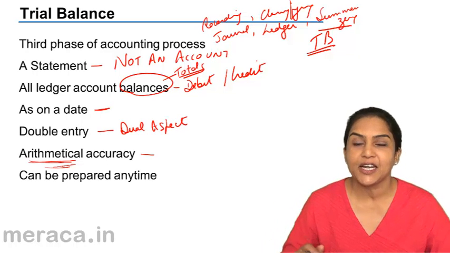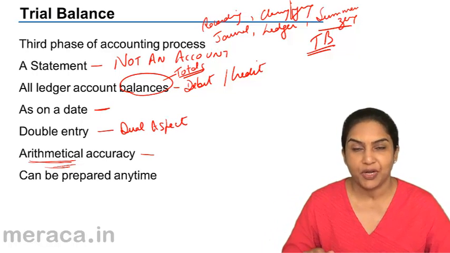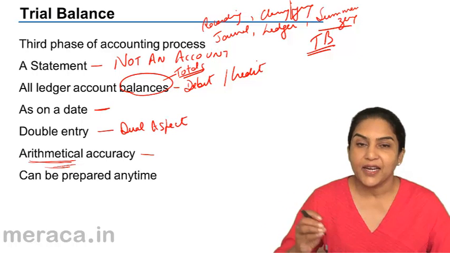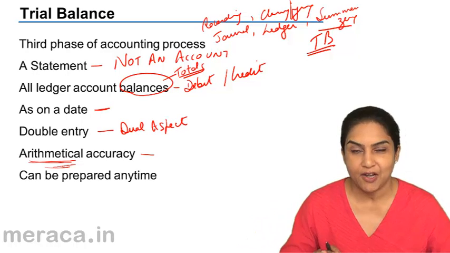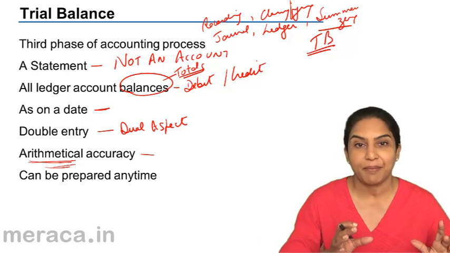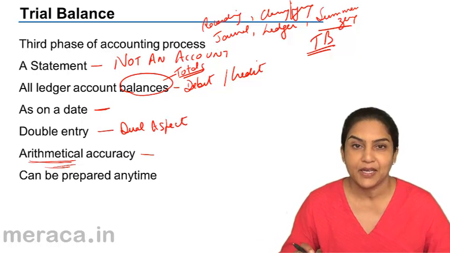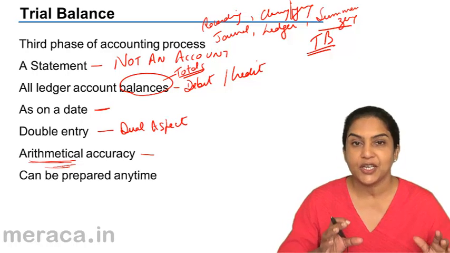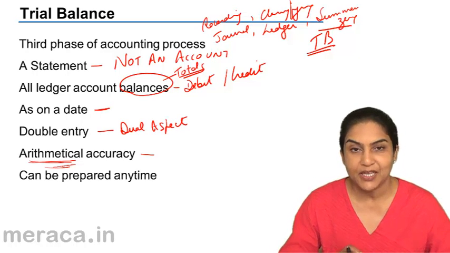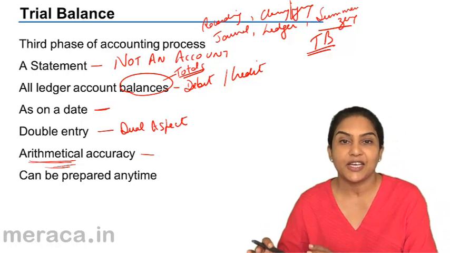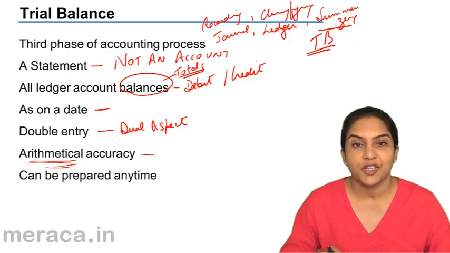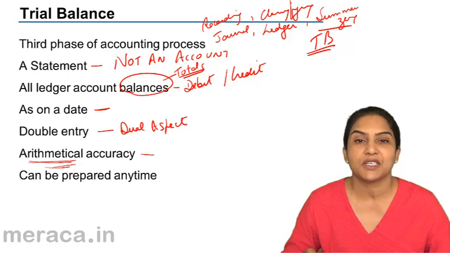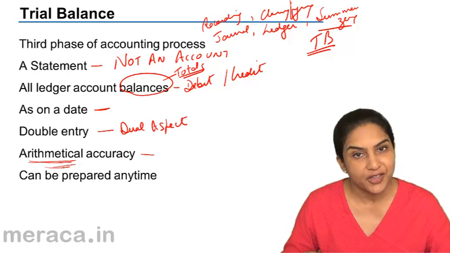But it is definitely prepared at the end of each accounting year, because of the fourth stage, the preparation of the final accounts. What are the final accounts? Let us say a balance sheet and the income statement. A balance sheet, a statement of assets and liabilities, and the profit and loss account or the income statement, which tells us the profit or loss for the year, the result of the business activity that we have done during the year.